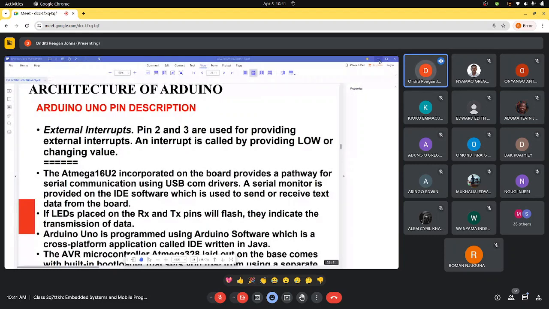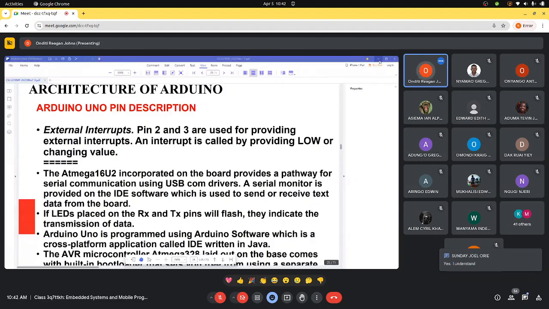Ian, are you there? No question, sir. Sunday, Joel, I'm asking questions. Do you understand the Arduino architecture? Do you understand the functions of the analog pins? Do you understand the functions of the digital pins? Joel. Okay.